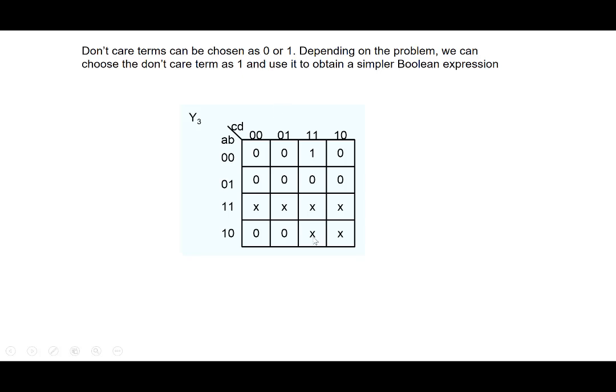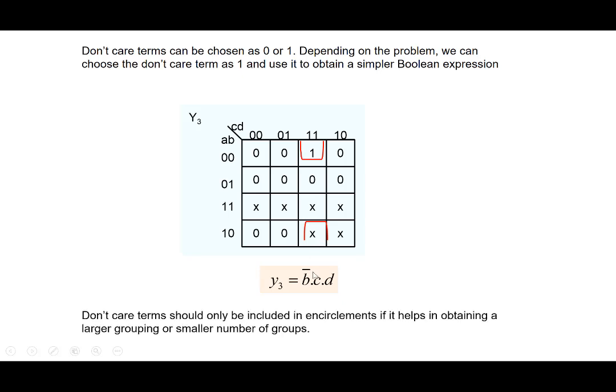So if I look at this X here and this one, we could combine them together. I could take X as 1, because it's don't care, and therefore there's a possibility of combining together, and therefore I get a simpler term here. So don't care terms should be included in this encirclement if it helps in obtaining a larger grouping or a smaller number of groupings here.